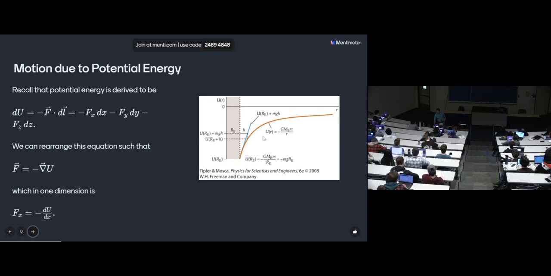Or in this case, the force in the r direction is going to be minus dU/dr for the picture there on the right. And that picture there on the right, by the way, comes from your textbook, chapter 8 or something like that, the chapter on gravity. So if you want to have a bit of a refresher on this, with something that you're at least a little bit more familiar with, take a look at that chapter again.